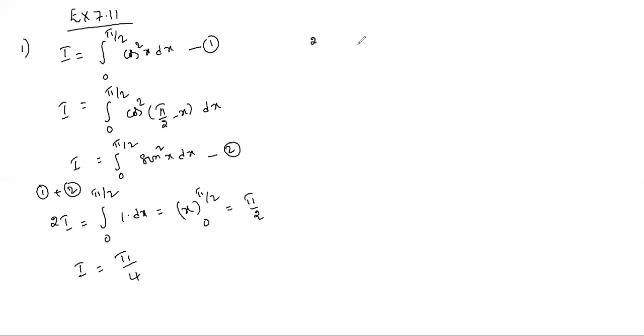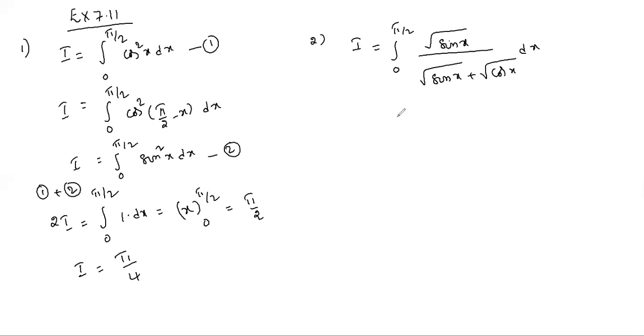Similarly, the second one is also the same. I equals integral 0 to pi by 2 of root sin x by root sin x plus root cos x. So with the same property, use the a minus x property.